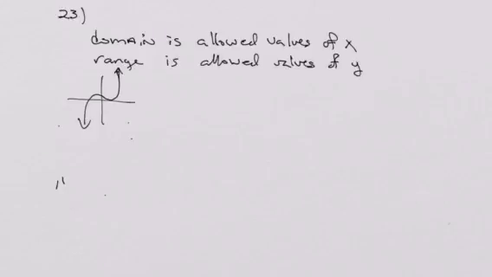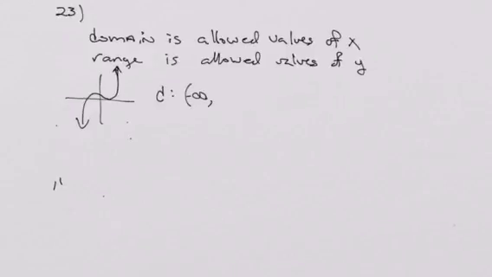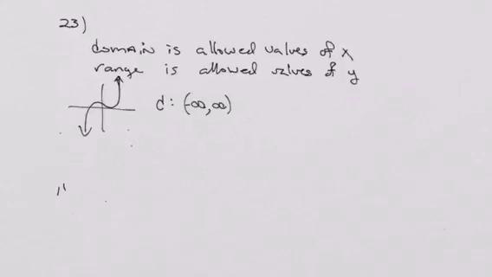So there, if we use interval notation, our domain would be from negative infinity to positive infinity. Our range would be from negative infinity to positive infinity. That might not have even been necessary to say.